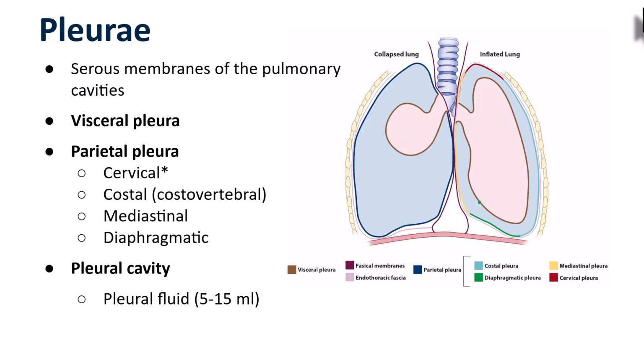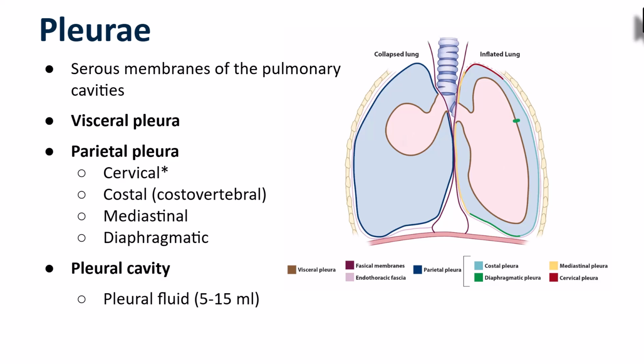There's also the diaphragmatic pleura, which would sit on the diaphragmatic surface of that pleural cavity, of the pulmonary cavity, excuse me. The pleural cavity is the space between, which is all of that. And this is a rather exaggerated illustration.